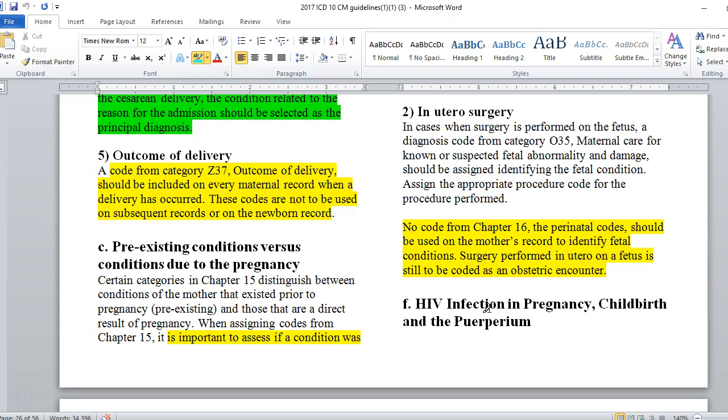Surgery performed in utero on a fetus is still coded as an obstetrics encounter. And that's because even though the procedure itself is being done on the fetus, they are cutting into mom to perform that procedure. And it is, again, modifying her treatment.